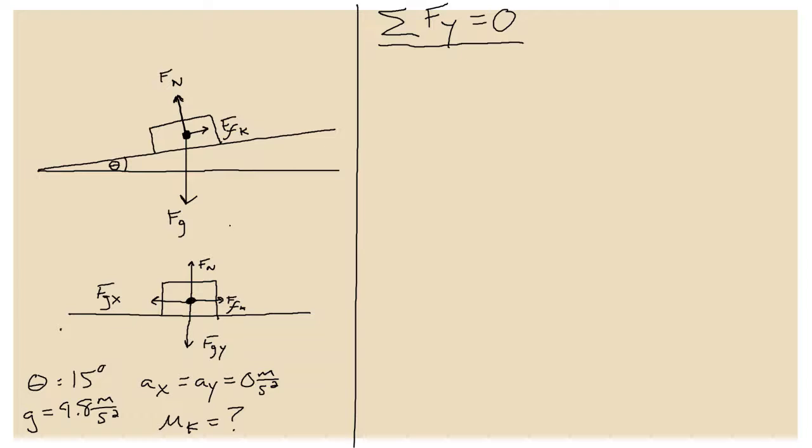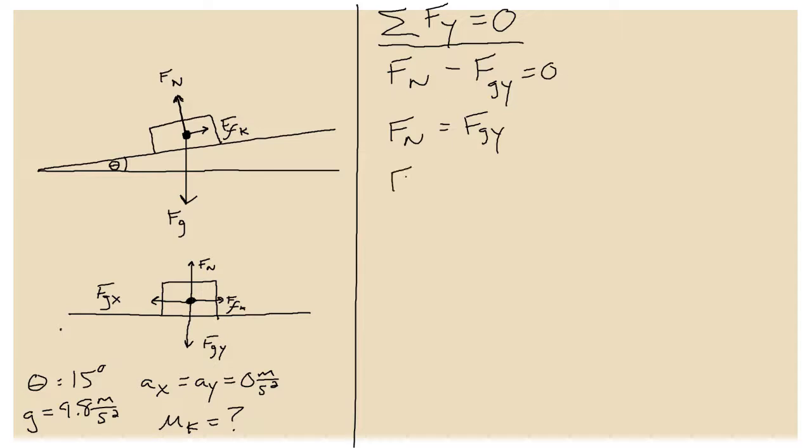And so we have the upward force, the normal force, minus the downward force, Fgy, is equal to 0. We can solve this for the normal force by moving Fgy to the other side.